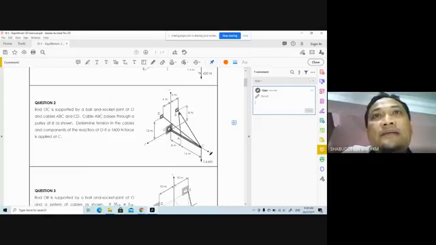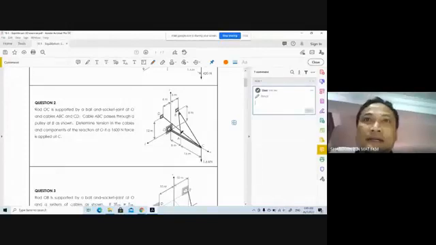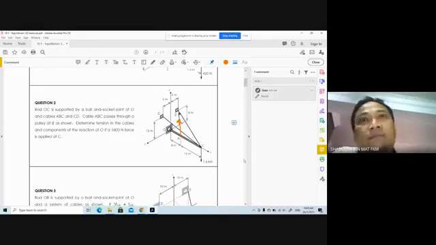So how many unknown here? Tell me. How many unknown are here? 5, sayang, 5. Satu lagi. The first one is AB, tension in AB there. All the distance dx, dy, dz all are given to you. FAB, so you do that FAB.